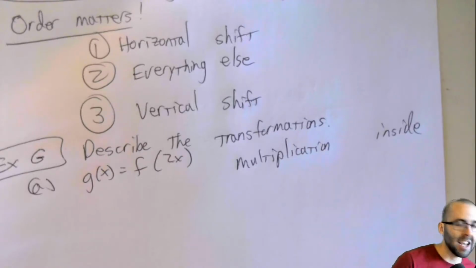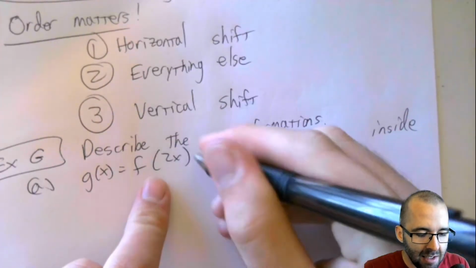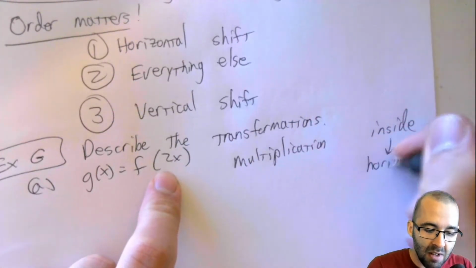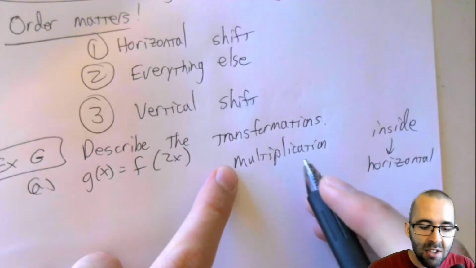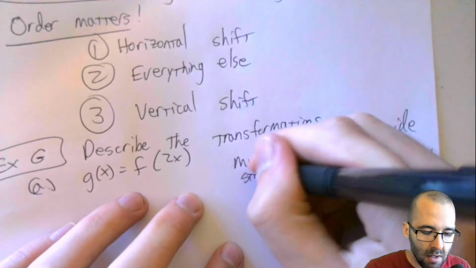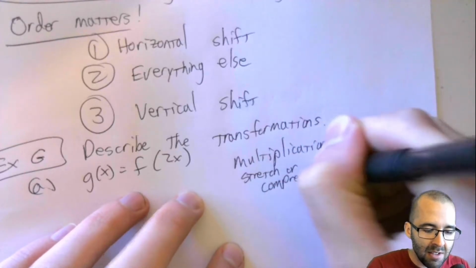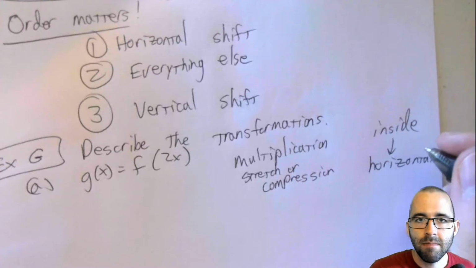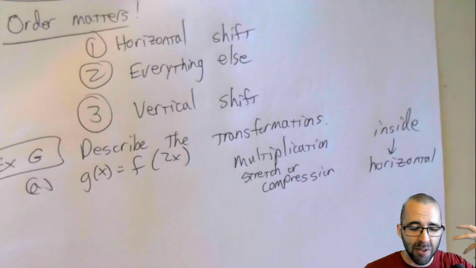Anytime in this whole section, anytime you have a transformation on the inside of a function, inside these parentheses, that's going to correspond to something horizontal. Multiplication corresponds to stretching or compressing. So combining these two things, we know we have a horizontal stretch or a horizontal compression. And remember, if it's on the inside, it's sort of backwards from what you might think.